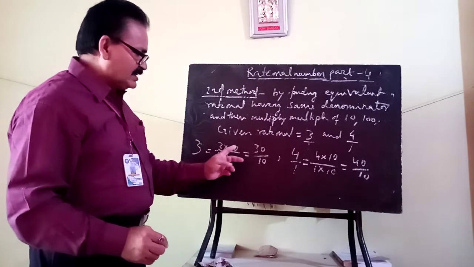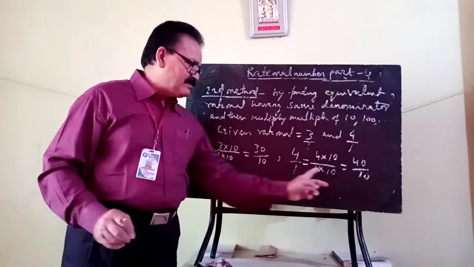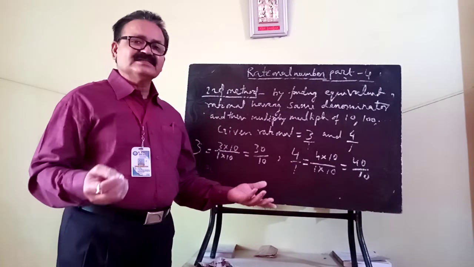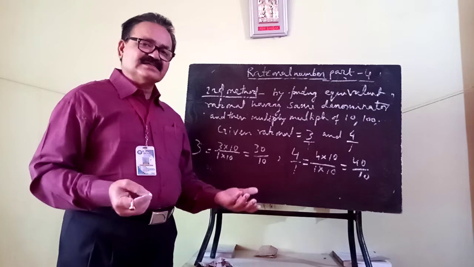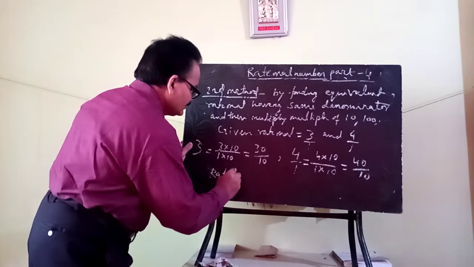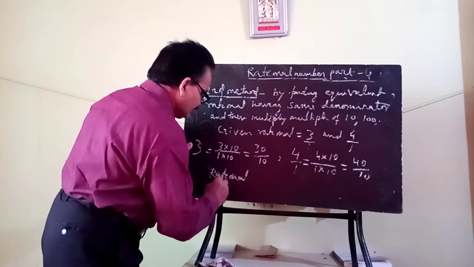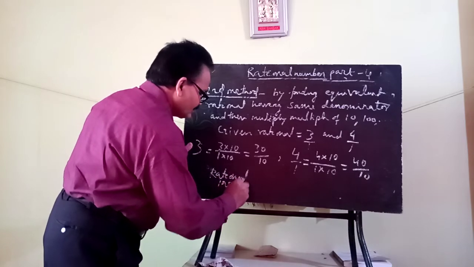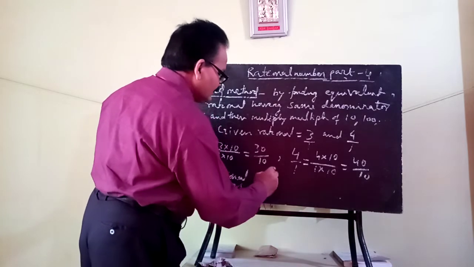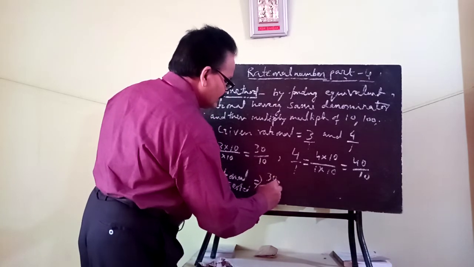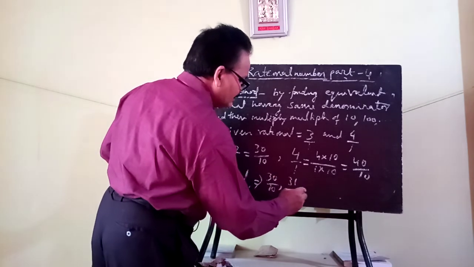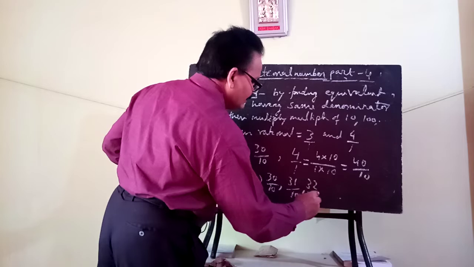So having the same denominator 10, in between 30 and 40 you can insert 9 rationals. The rationals inserted are, in between this 30 by 10, this is the given one, so 31 by 10, 32 by 10.